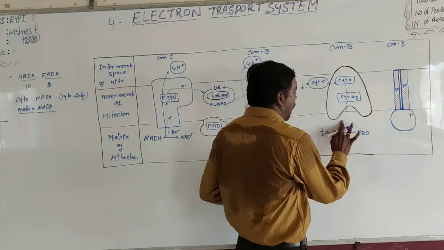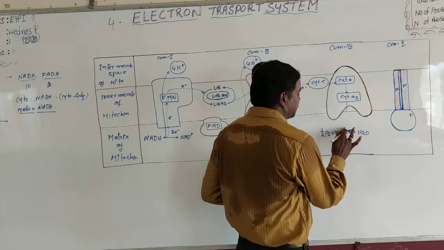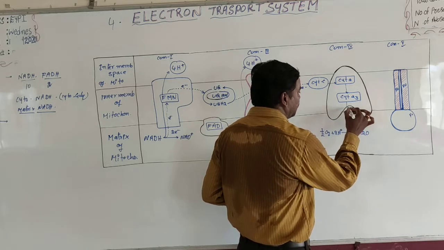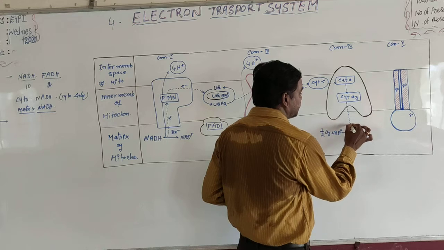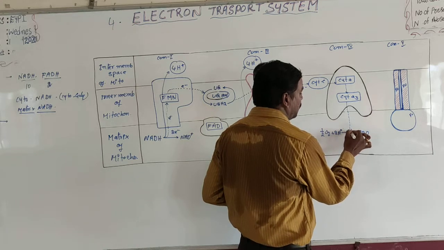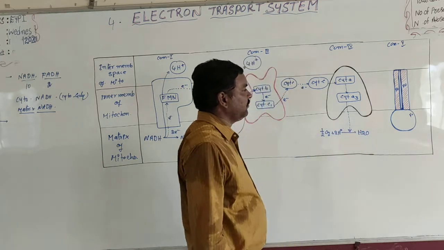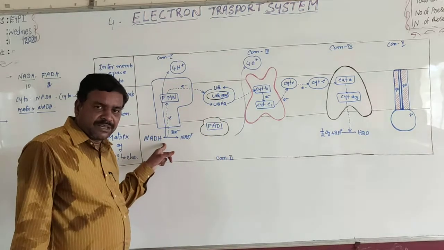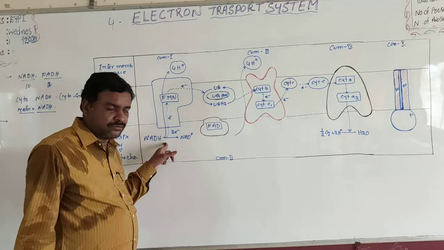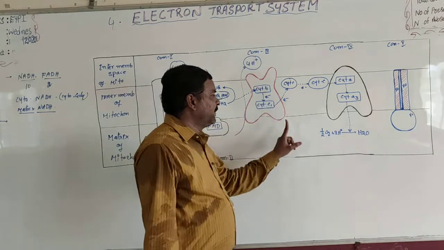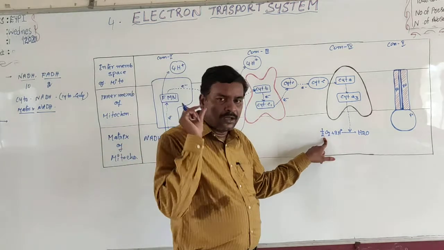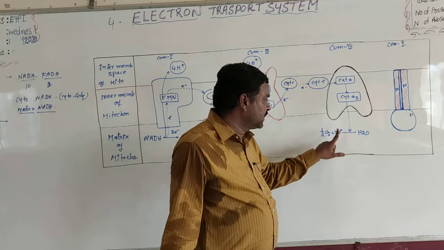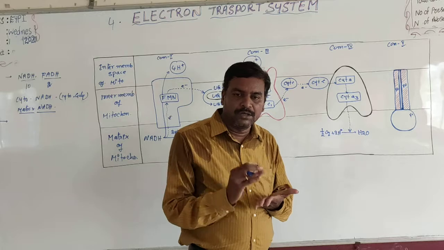So the ultimate electron acceptor is molecular oxygen. Okay. The two electrons coming from the oxidation of NADH2 are ultimately accepted by half O2, which also accepts two protons and is reduced into one molecule of water.